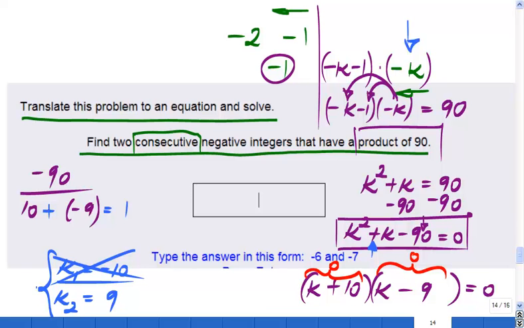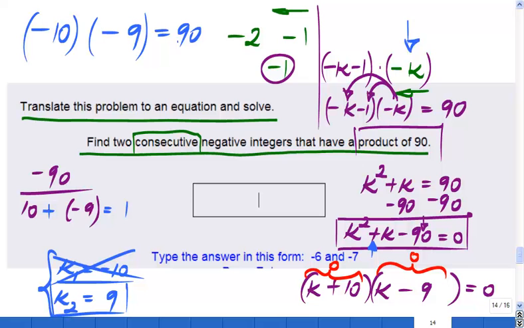So definitely this is not going to work for me. My k has to be 9, and that's your first number, negative 9. And the other number, because we went the other way, is negative 10, right? Negative 9 times negative 10 is 90. So you have to give your answers as negative 9 and negative 10, okay?